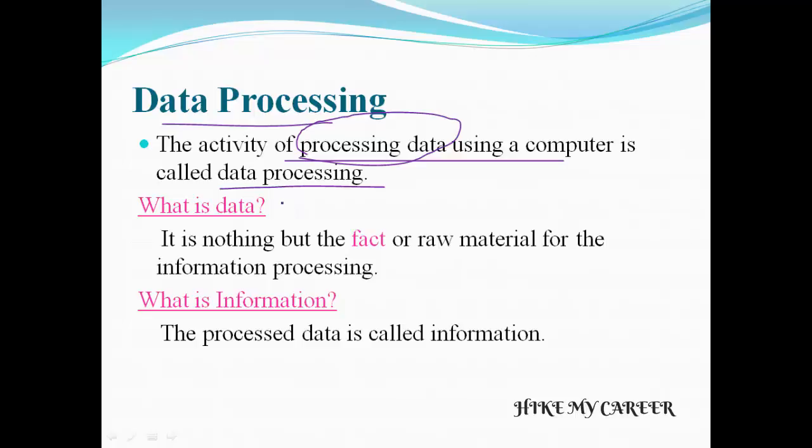Next important question is, what is data? Data means it is nothing but the fact or raw material for the information processing. Next is, what is information? The processed data is called the information. Two important questions: what is data and what is information?